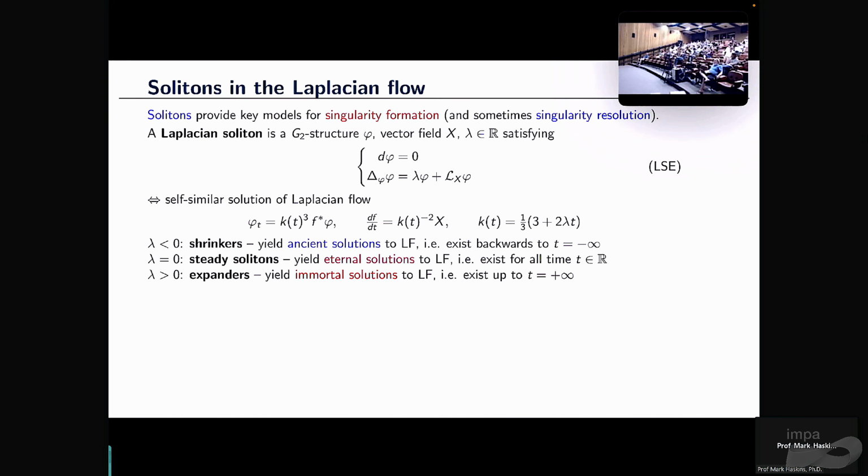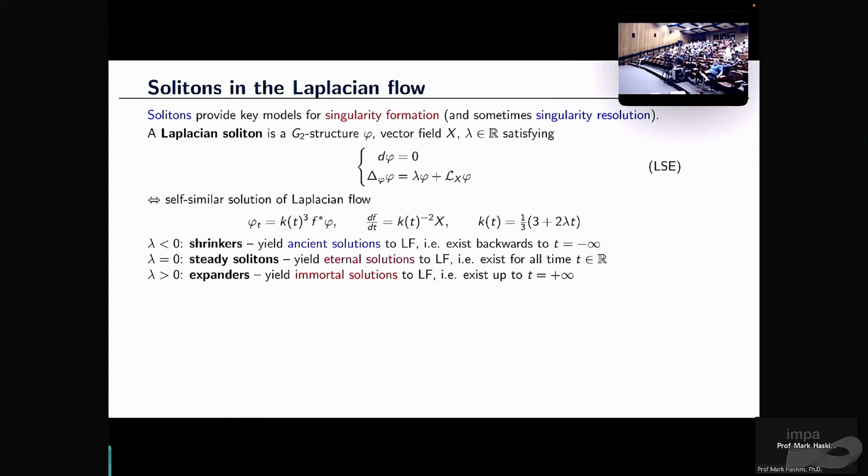And then maybe the most important thing to notice at the moment is this kappa of t is an affine function of t, and the key thing is the sign of lambda.